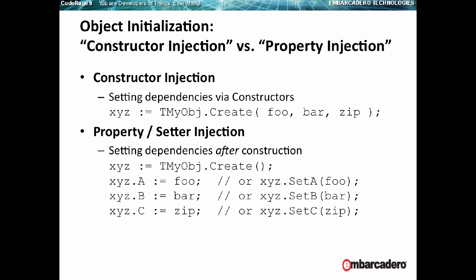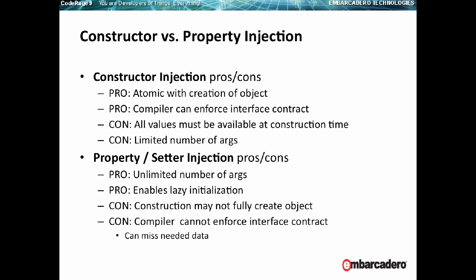Using property and setter injection, we're setting the dependencies after construction occurs. So we take TMyObj, call the constructor on it with no parameters, and then we assign values to A, B, and C, or we call the setters SetA, SetB, and SetC. Accomplishes the same thing, just in a little different order.